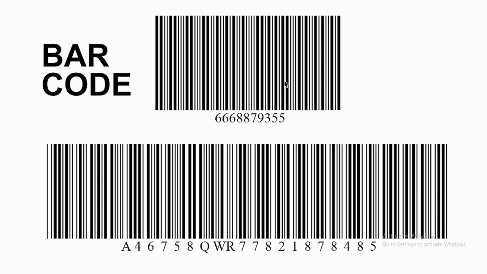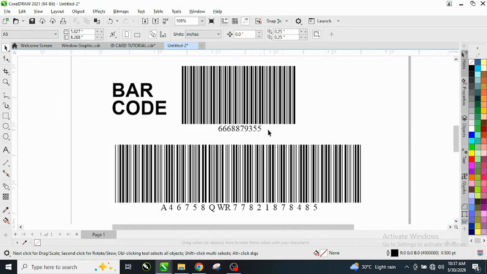So if this particular number represents soup, and you now change this 9 in between to 1, that means you have altered the barcode. So obviously if you scan it, it's going to display something else, which is not the soup which you actually wanted to scan. So that's how they do it.